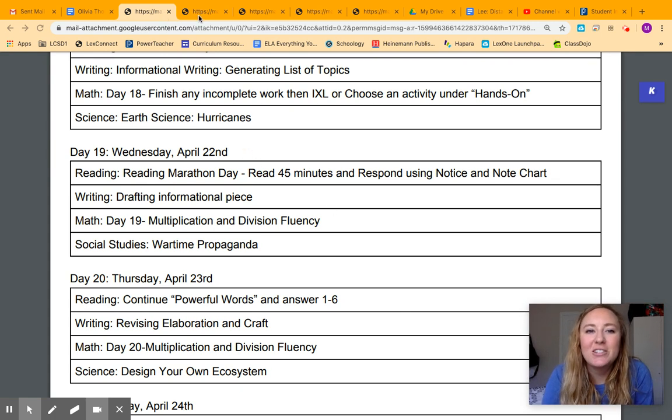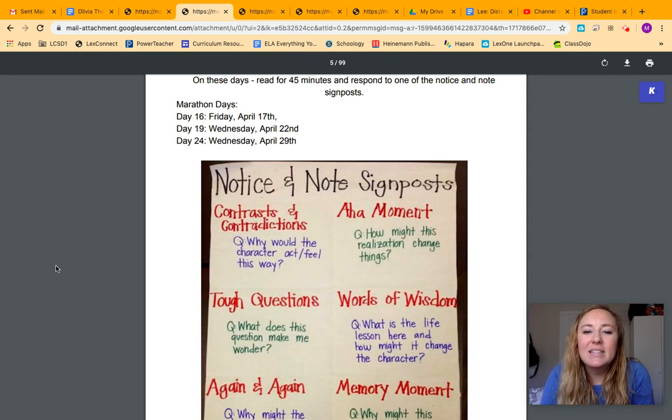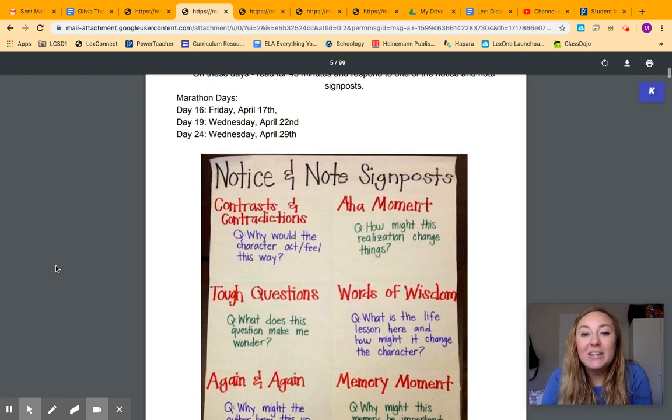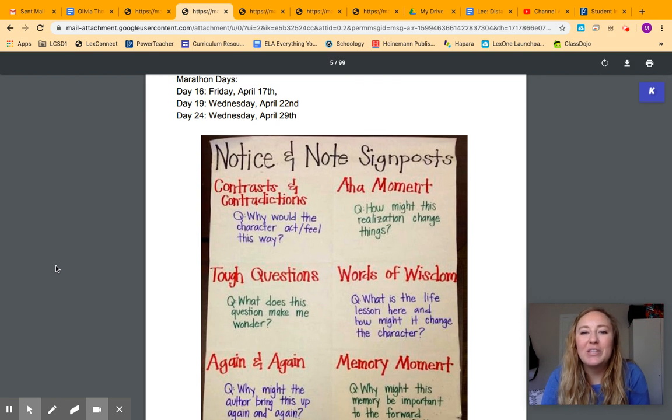So let's get started. This is the notice and note signpost that you looked at last week, and you're going to be choosing a different question from last week. So if you picked an aha moment question to answer about your reading last week, pick a different one this time. You're going to read for 45 minutes, whatever book you have chosen to read at home.